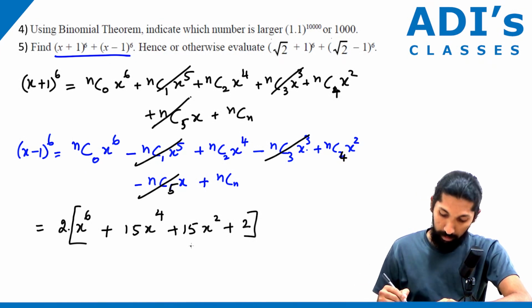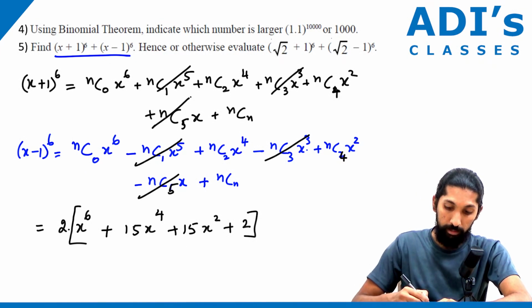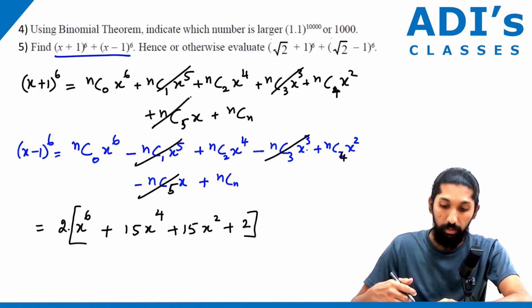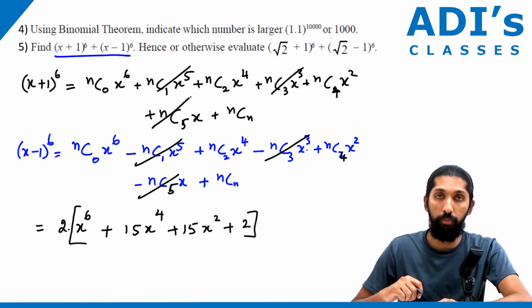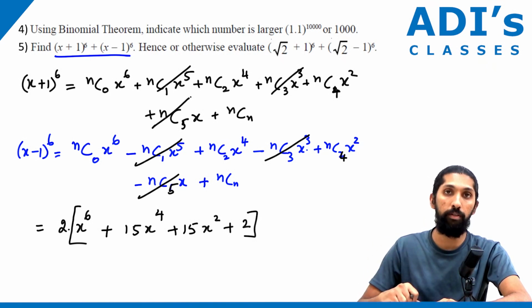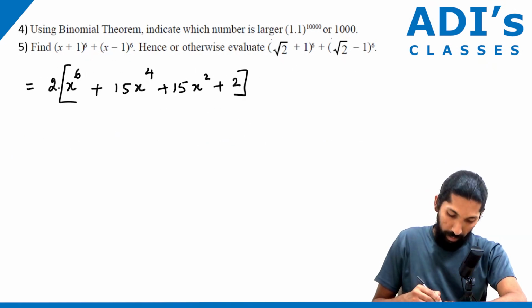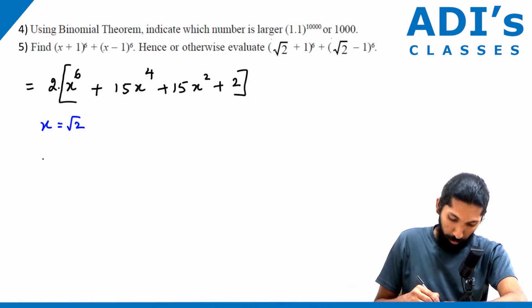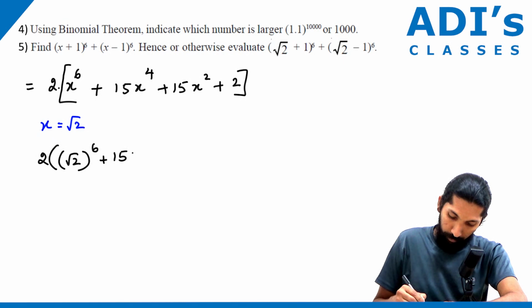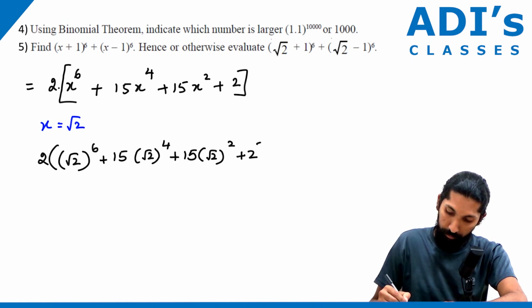Since this is the result, now what is the value? Otherwise or hence evaluate root 2 plus 1 whole power 6 plus root 2 minus 1 whole to the power of 6. In place of x we have root 2, correct? Let's substitute x value as root 2 and find out the answer. 2 into root 2 whole power 6 plus 15 into root 2 whole power 4 plus 15 into root 2 whole square plus 2.